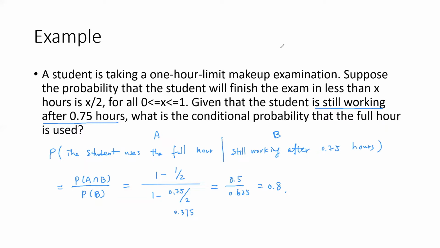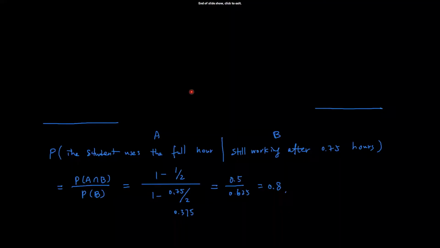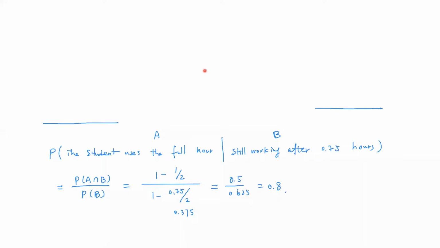All right, so this is another example. Hold on a second, let's erase these. I wanted to talk a little bit about two conditional probabilities and then finish the slide.